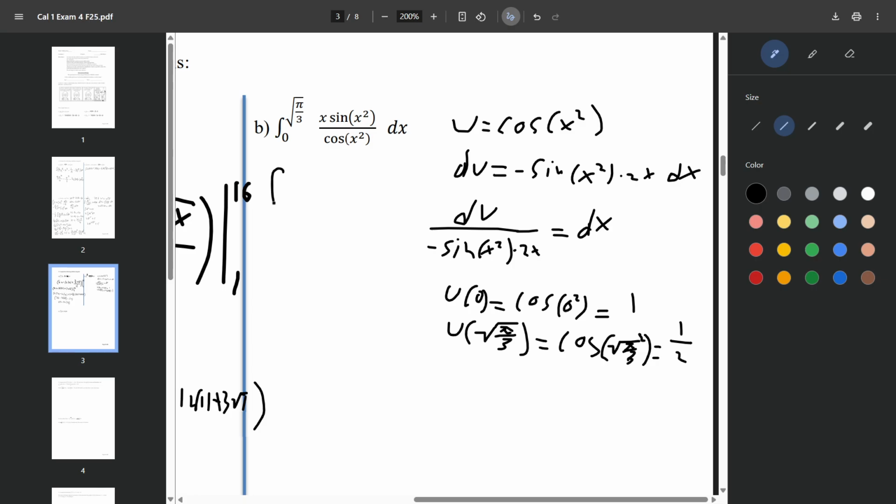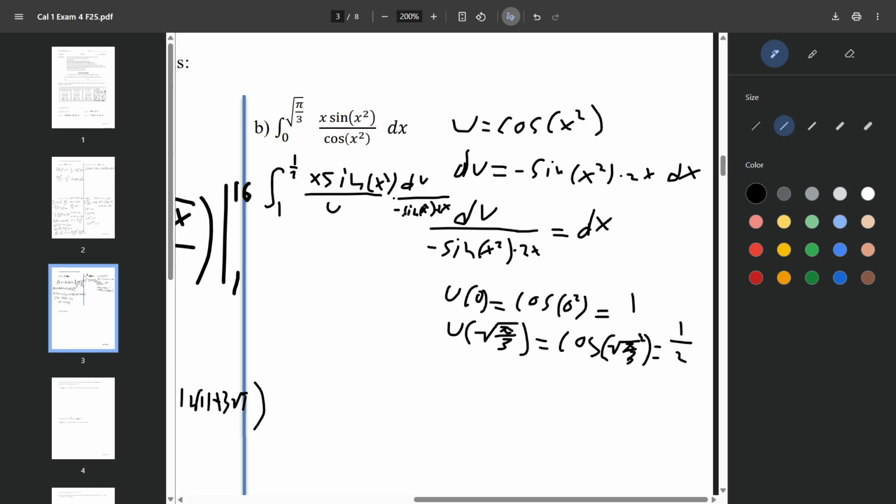So we shall rewrite our equation as the integral with lower bound 1, upper bound 1/2, of x sine of x squared over u times du over negative sine x squared times 2x.